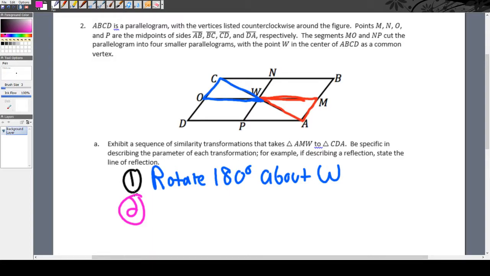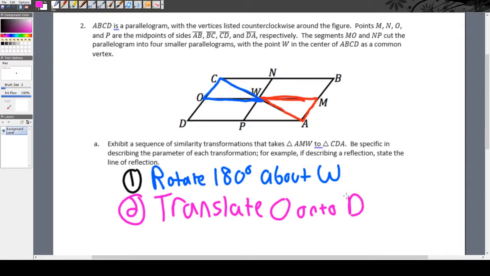Well, translation does. So we're going to translate our entire triangle such that our point O is going to shift over to point D. So I'm going to say translate O onto D.